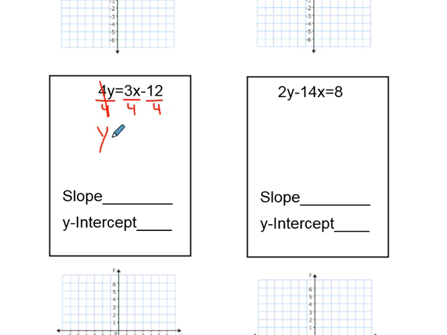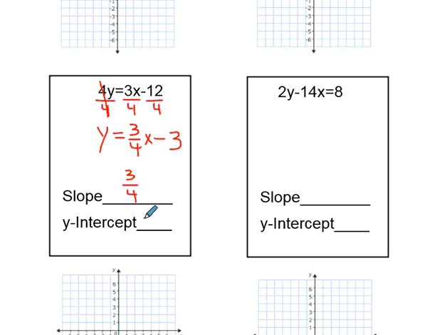Only when the y is all by itself can you identify the slope and the y-intercept. The problem here is that y is multiplied by 4. So I'm going to undo that by dividing all 3 terms by 4. That gives me y equals 3/4 times x.